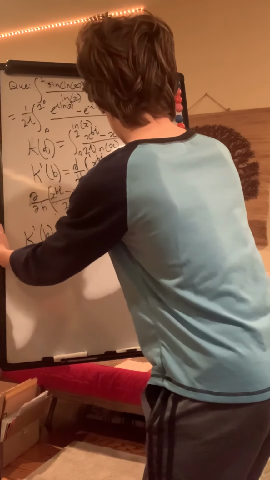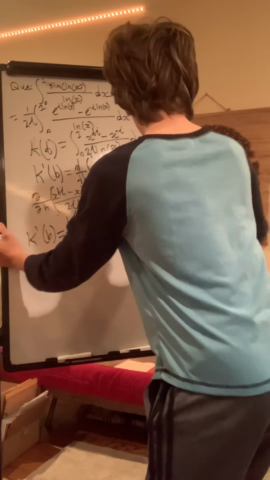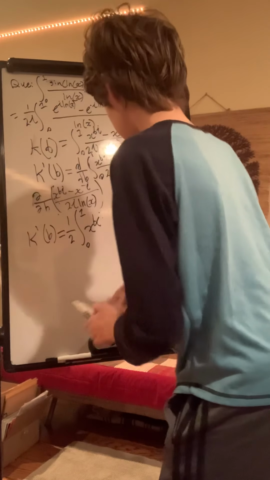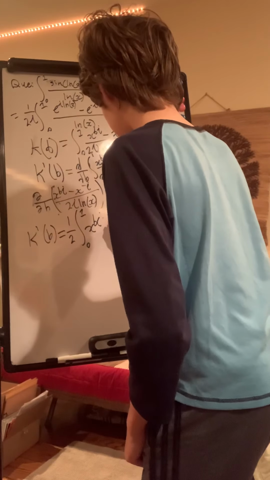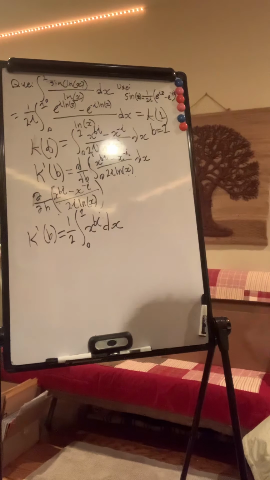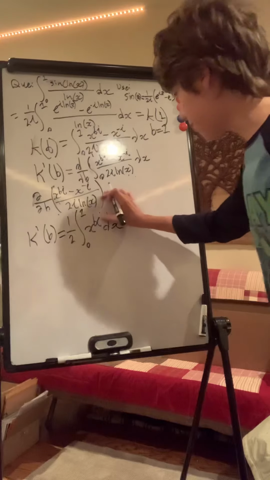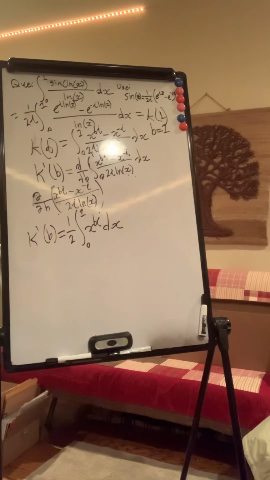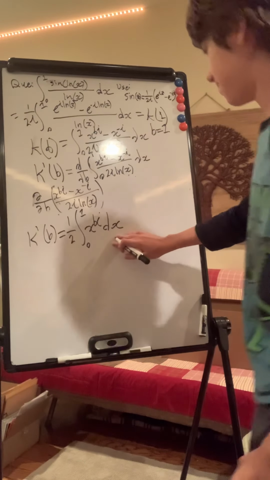Get rid of this. Okay, x to the bi, and we're still doing this with respect to x. So there we go. Assuming I've done all of this correctly, without mistake, this is what we're integrating.